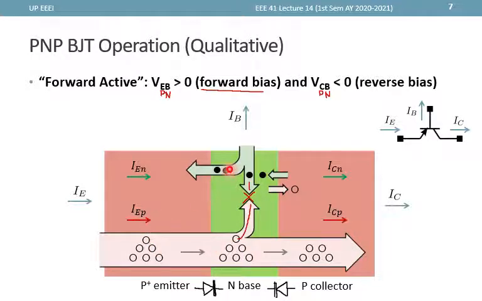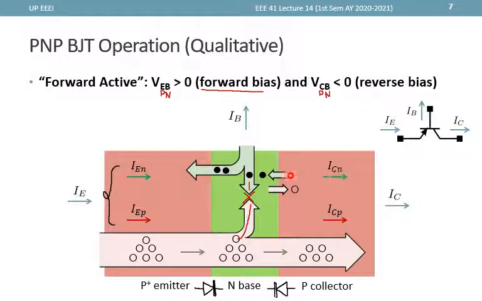Here, electrons are flowing to the left, and so the current must be positive rightwards. And it is actually consistent with our IE direction, and what we will actually do is to add IEN and IEP to get IE.